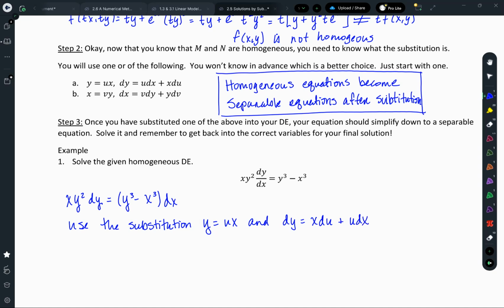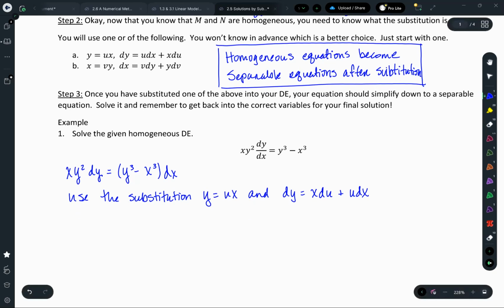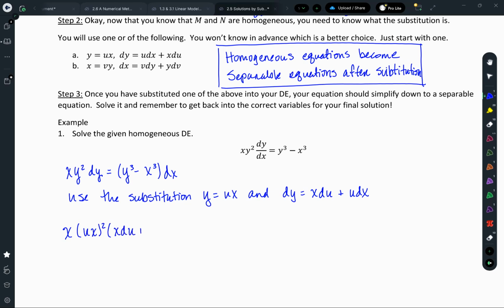So I'm just using the product rule there with the differential. And notice that mine is in the opposite order of how I have it typed up above. That's fine. Addition is commutative. No problems there. So I go ahead and I substitute everything in. Now, x's get to remain x's. Y's all become ux. So when I substitute in, I get x, and then in parentheses, ux all squared. dy is replaced with x du plus u dx with parentheses around it.